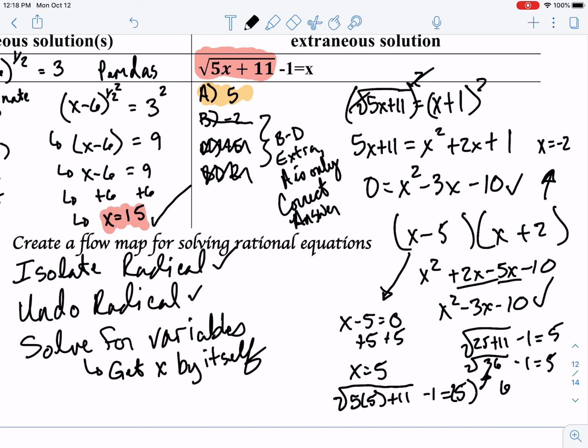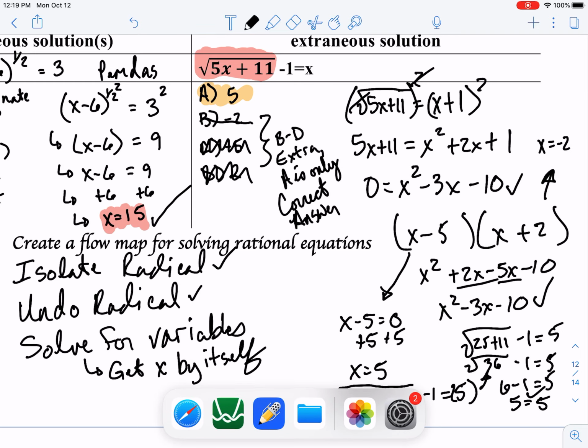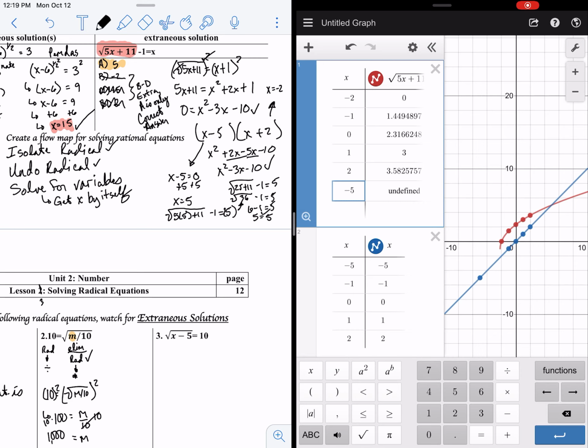Square root of 36 is 6, minus 1 equals 5. 6 minus 1 is 5, and it does equal 5. So 5 works. So you have to do all of that process to test by hand if something's extraneous or not. Whereas if you give me A, B, C, D, I'm going to Desmos, and I'm testing it this way, okay?